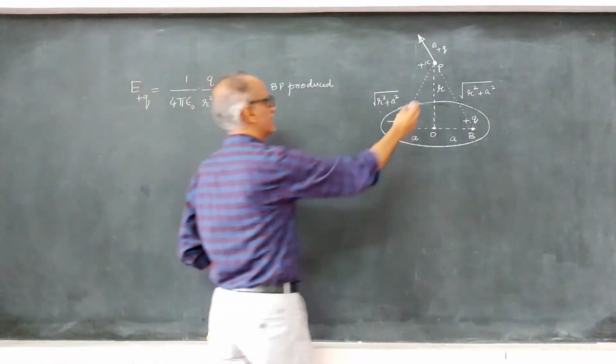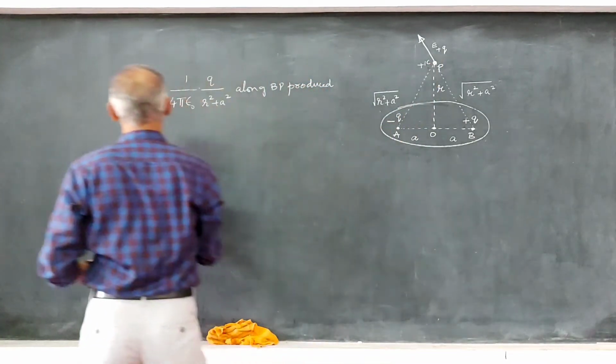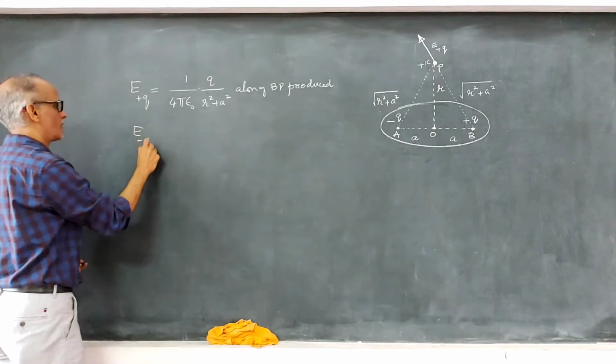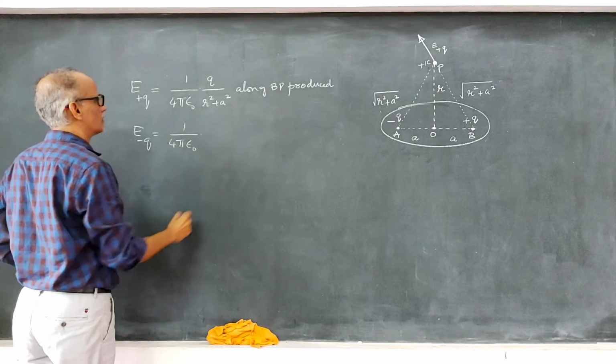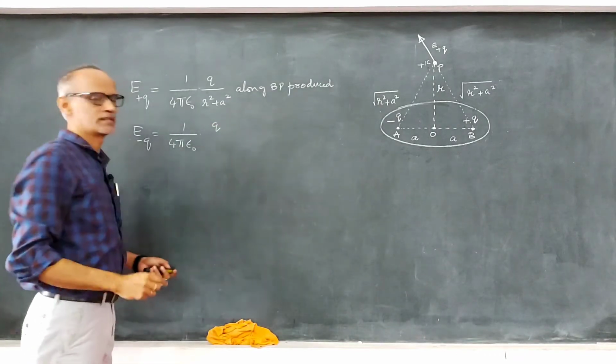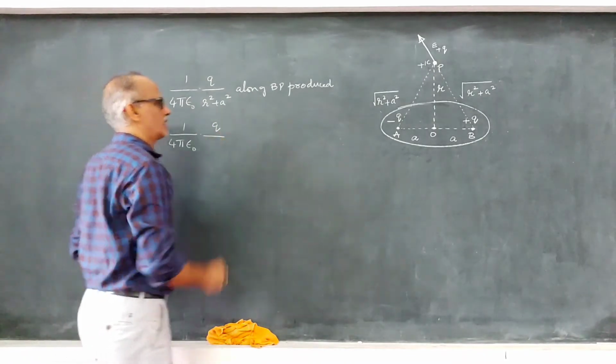Next, find the field at the same point, but this time due to the negative charge, which is E minus Q, is equal to 1 by 4 pi epsilon naught. Magnitude of the charge we consider, we don't consider the negative sign, by square of the distance.